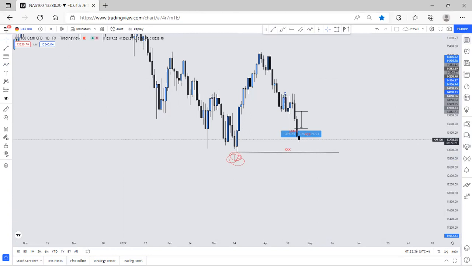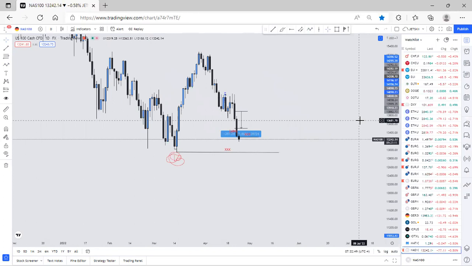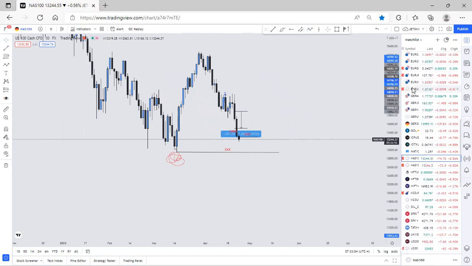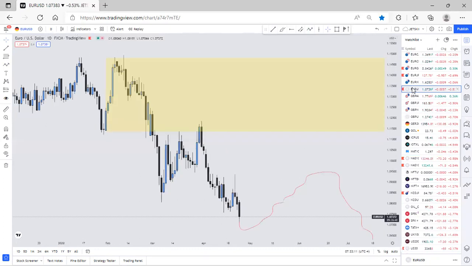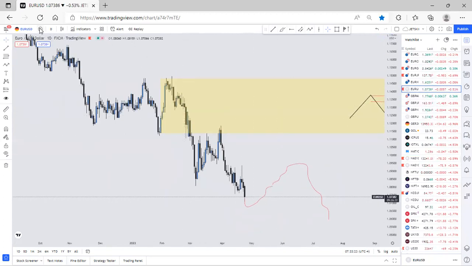And then which pair again? Yeah, but I think these ones are enough. So even Euro, what's this? It's GBP Euro. Okay, let me look for Euro. Where's that Euro? And then when it's on our daily, right? It's on our daily. And then we take what again?